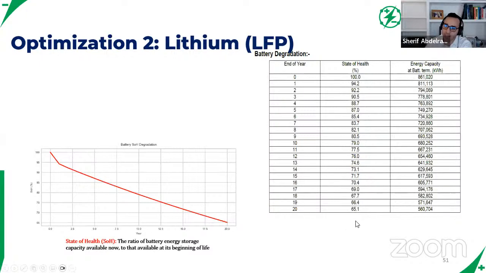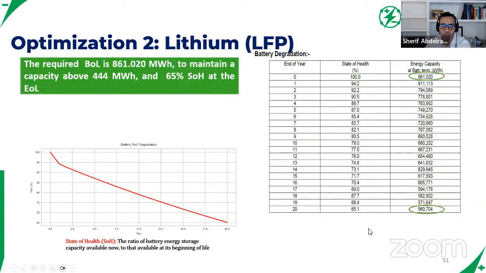To get to that 65% and to have a viable project for 20 years, we needed to have 61 megawatt hours. So I think we're good from that standpoint. We're meeting really all the requirements of the use case.